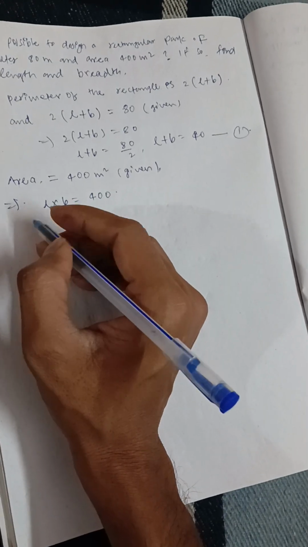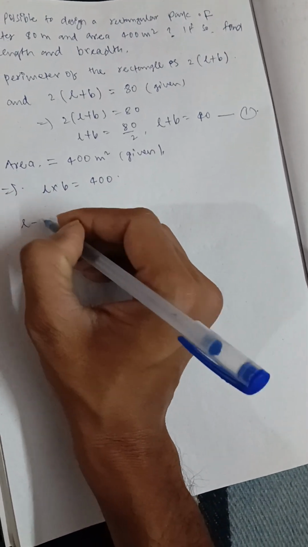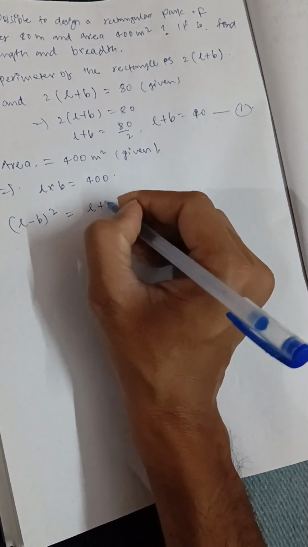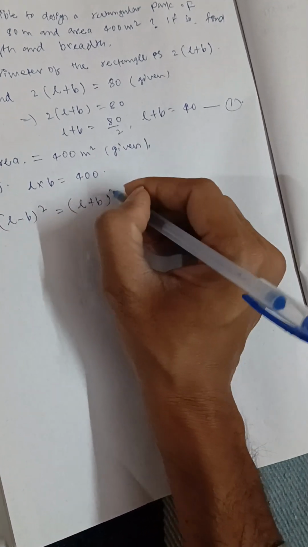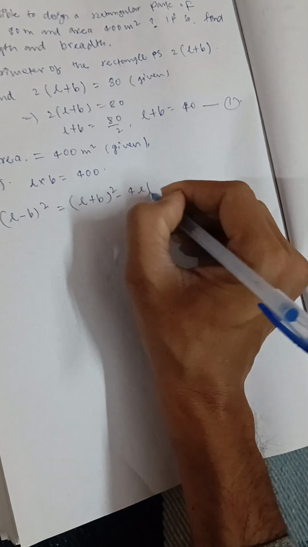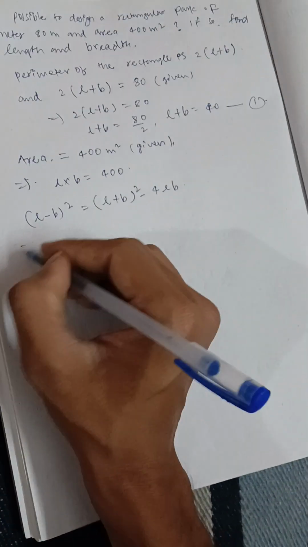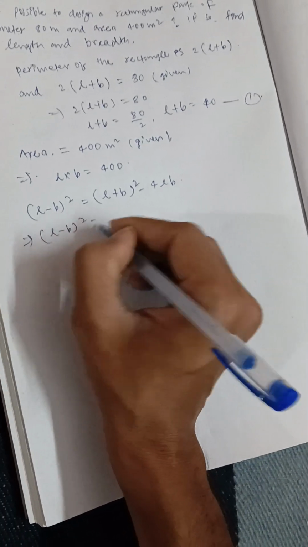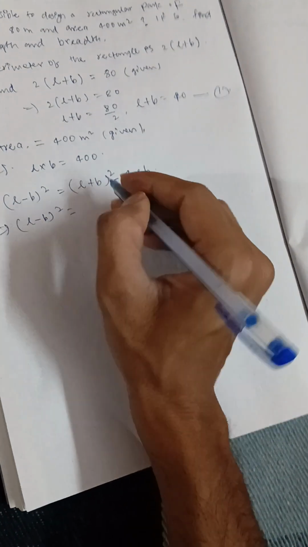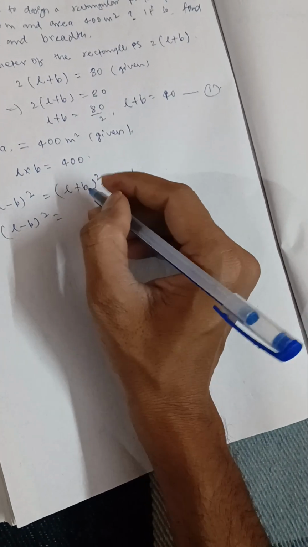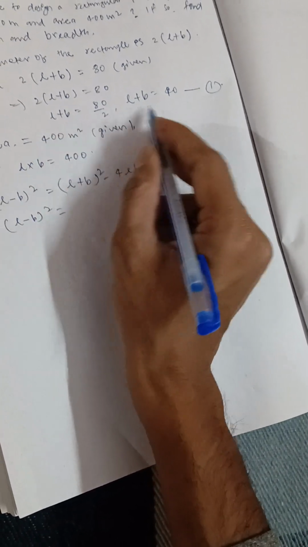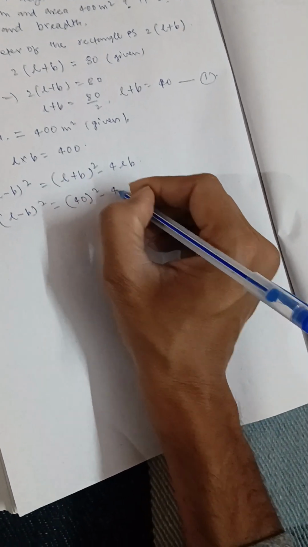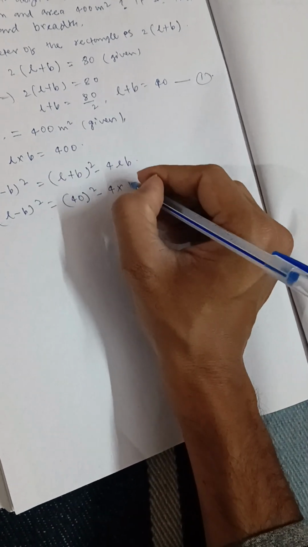We can use the formula L minus B to the whole square equal to L plus B to the whole square minus 4 LB, that is 40 square minus 4 into 400.